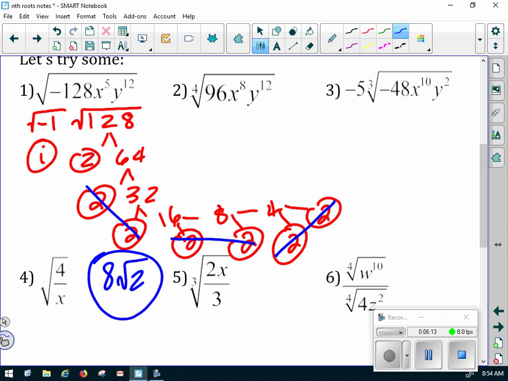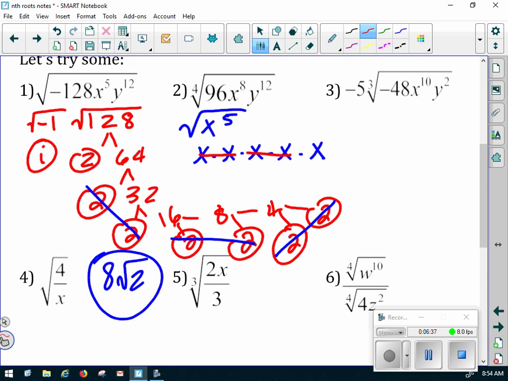Now, for those of you who weren't here, I'm going to show you originally how I taught taking the square root of x to the 5th, but then everybody figured it out pretty quick. If we write x to the 5th as x's, how many pairs of x's do you see? So what comes out?